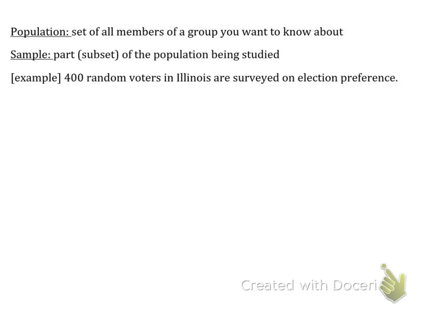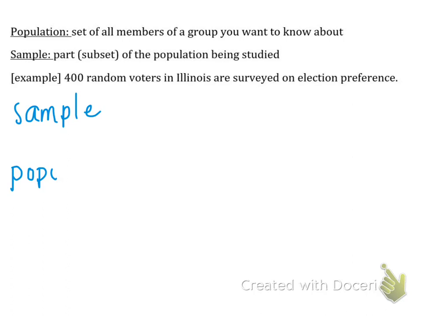So say we wanted to estimate what birth month has the most students. Maybe I would take a sample of 50 random students because I couldn't talk to all the students from the high school. So our example here, I sample 400 random voters in Illinois, and they're surveyed on election preference.